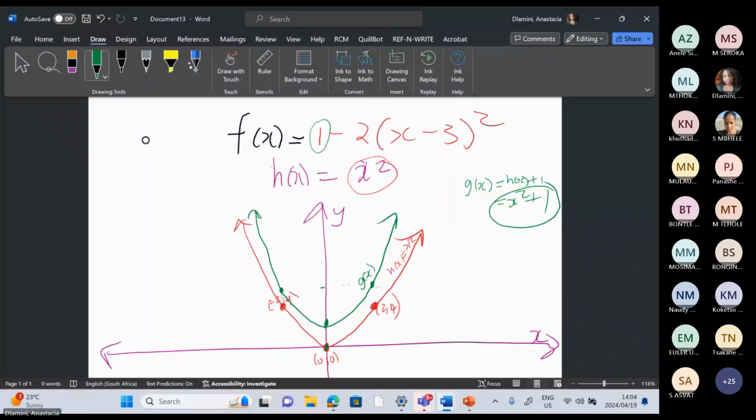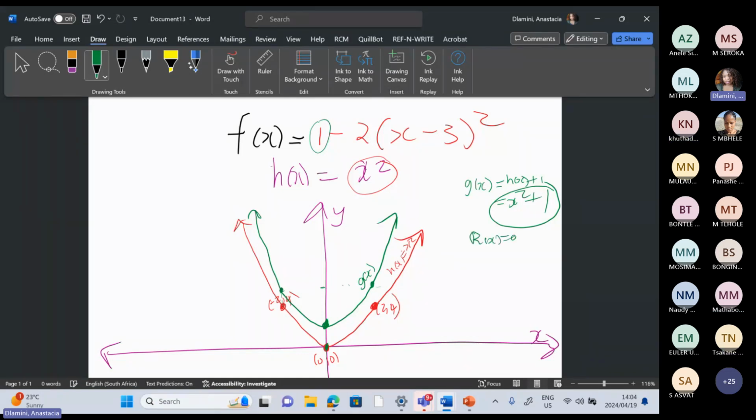The graph needs to shift horizontally to the right 3 units. Let's call this r of x.